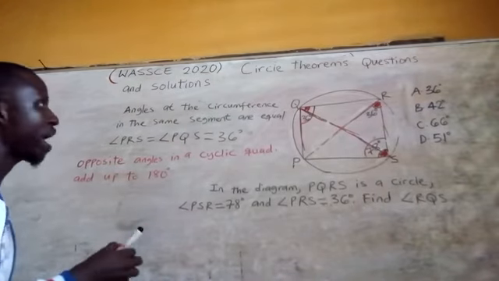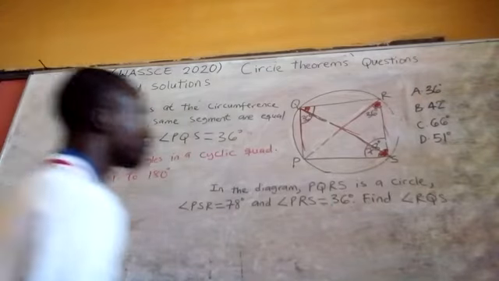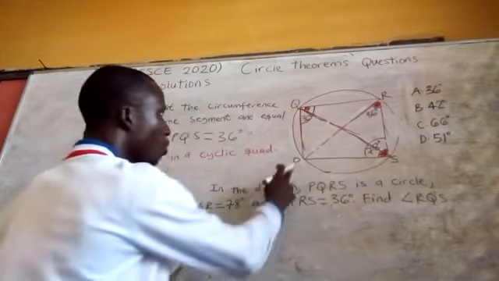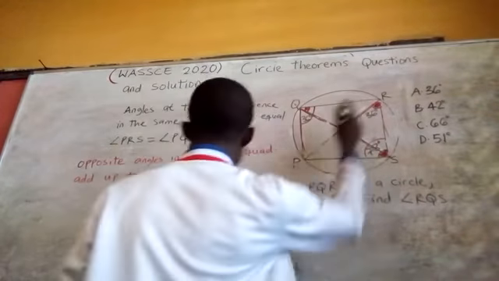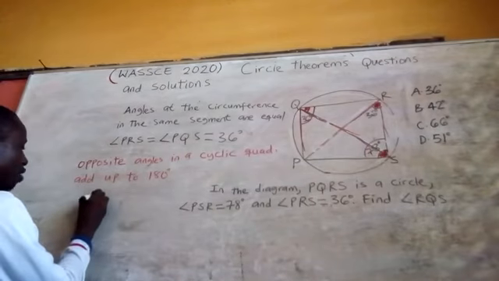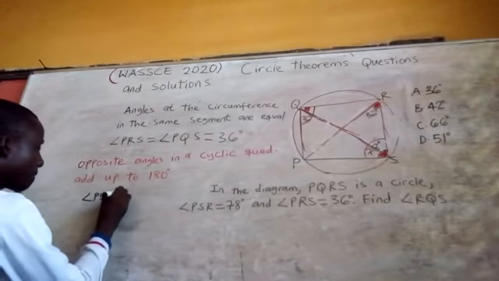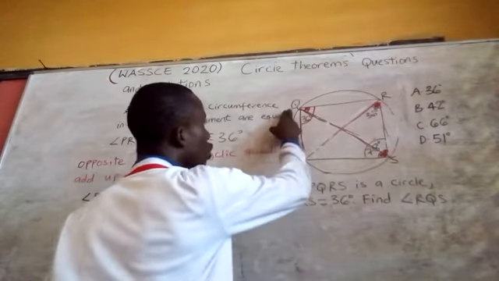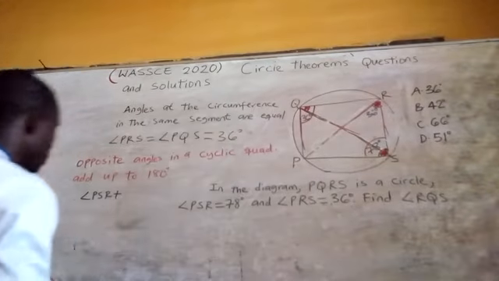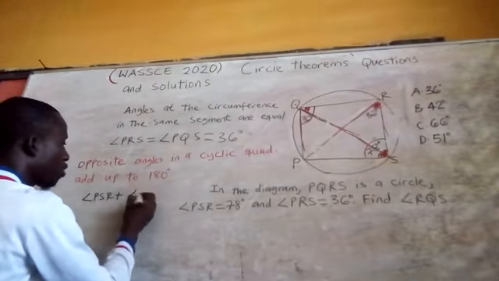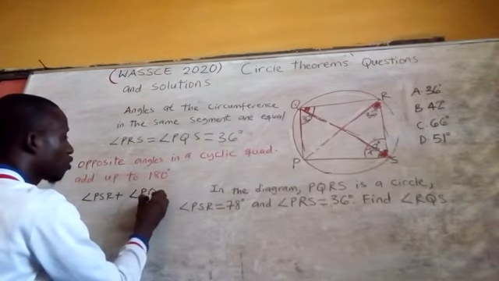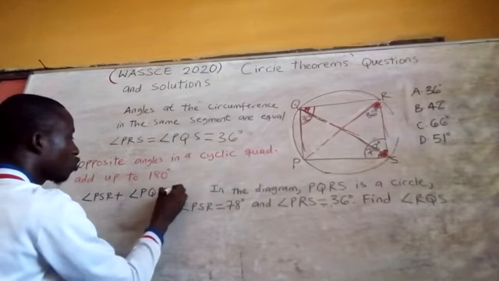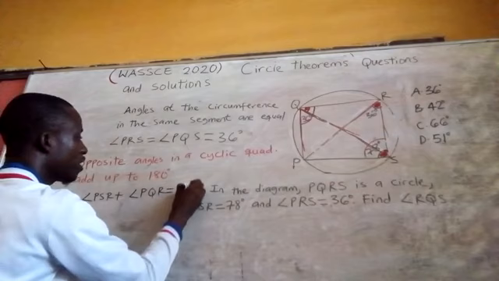So therefore we have angle PSR plus angle PQR to be equal to 180 degrees.